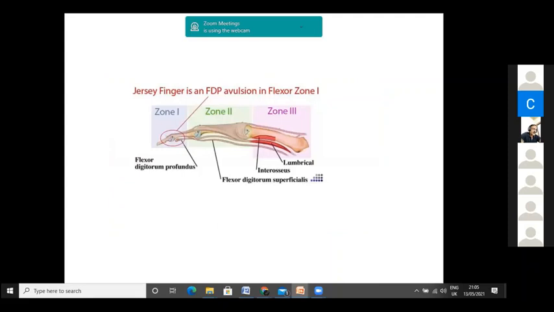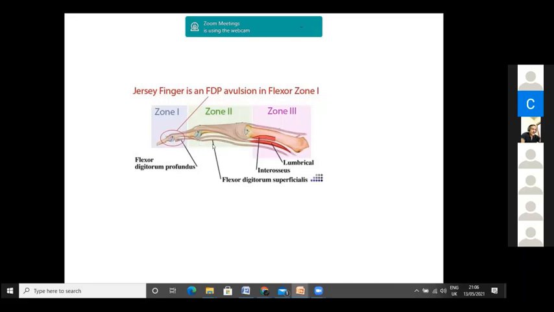Okay, so if you see the flexor tendon, it has got 3 zones. Zone 1, zone 2, and zone 3 in the fingers alone. Zone 1 is exclusively the area of insertion of which tendon? FDP, distal to FDS.